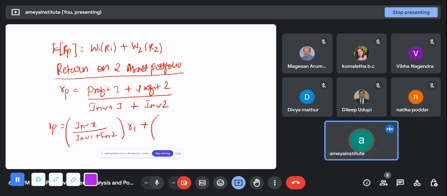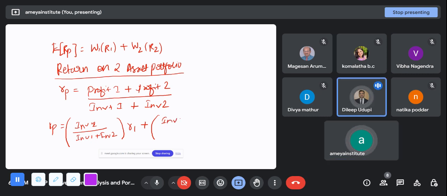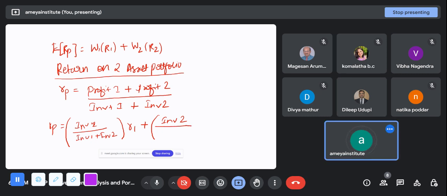Can anybody tell me what can come in the second bracket? We have the investment of the first divided by the investment of 1 plus the investment of 2, times the return of 1. Here, the investment of the second asset divided by the total investment, that is the investment of the first asset plus the investment of the second asset, multiplied by R2, the return of the second asset.